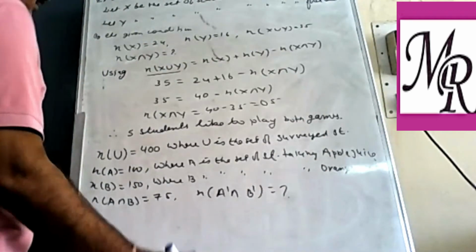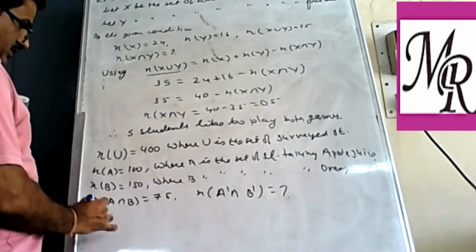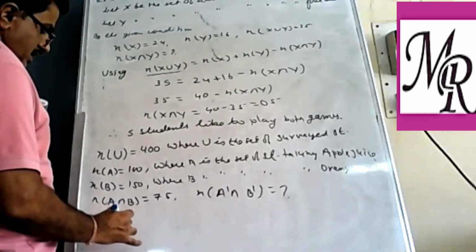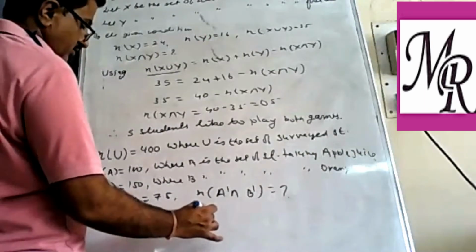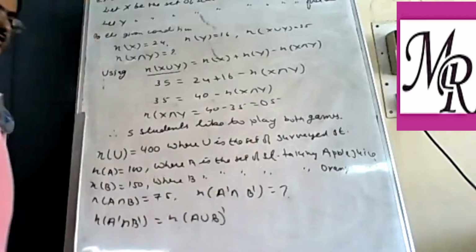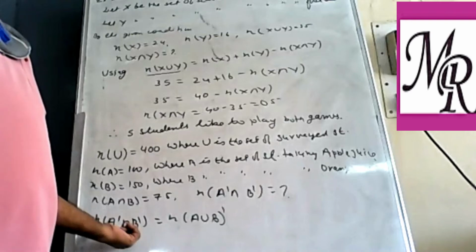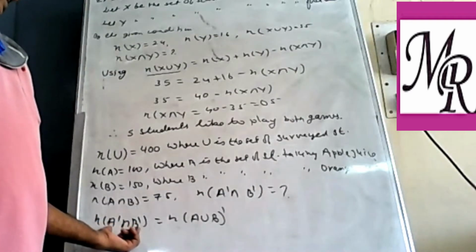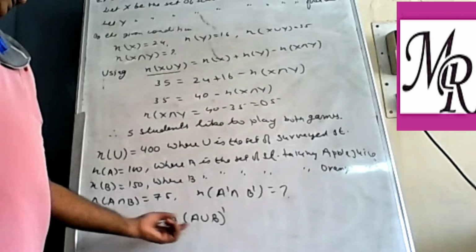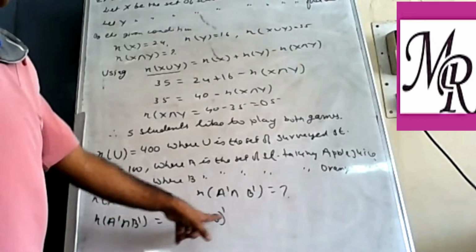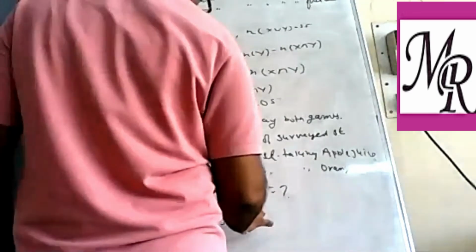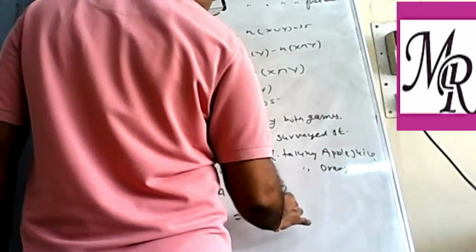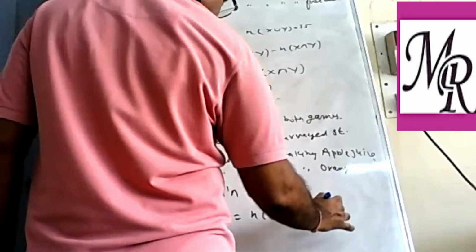Now by De Morgan's law, we have also seen A dash intersection B dash is equal to A union B whole complement. This is the formula we saw yesterday, De Morgan's law. A complement intersection B complement equals A union B complement. Now as we know, complement is the universal set minus the set.